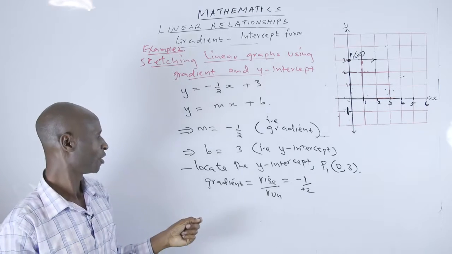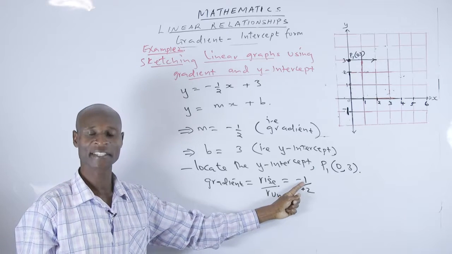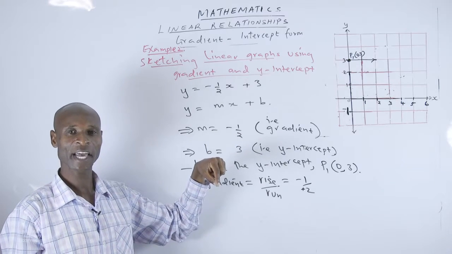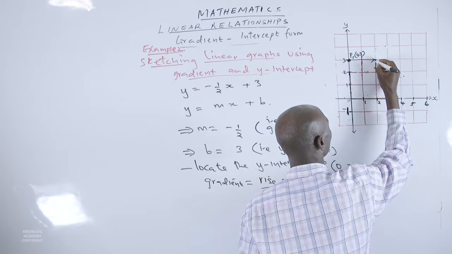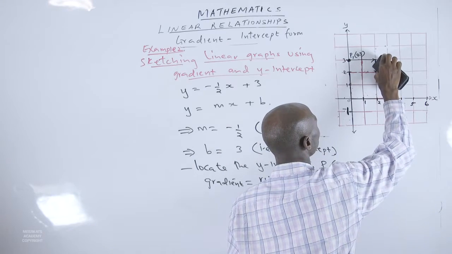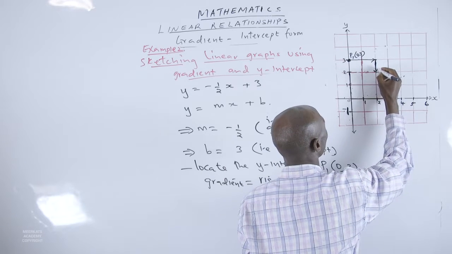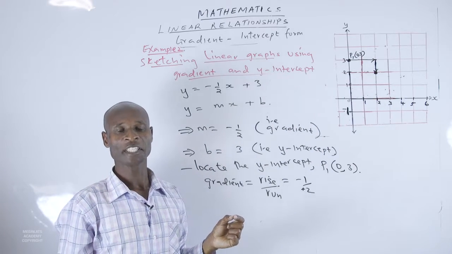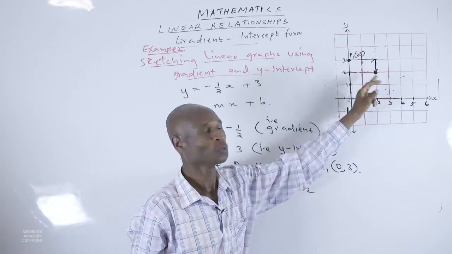So at that point, you now move 1 unit downwards because the rise is -1. Negative sign means downwards. So if we move 1 unit downwards, we notice that we are at point 2, 2.